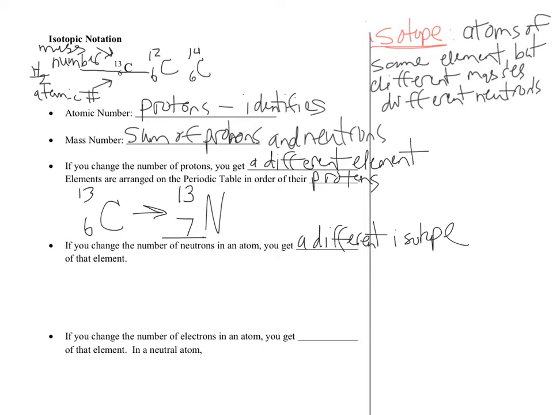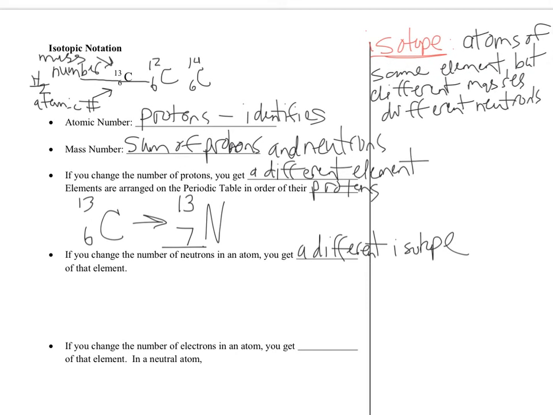So here I have carbon 13. Okay, so let's look at how many protons and neutrons this has. This has, of course, 6 protons because its atomic number is 6, right?